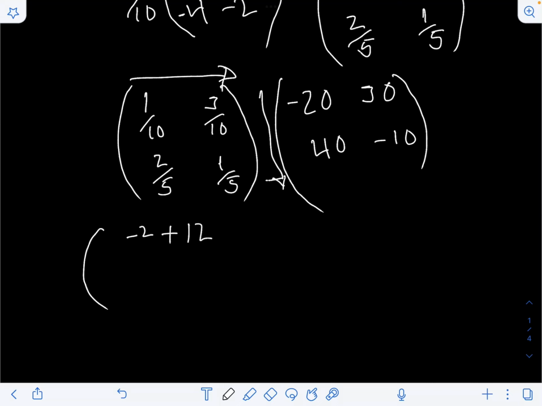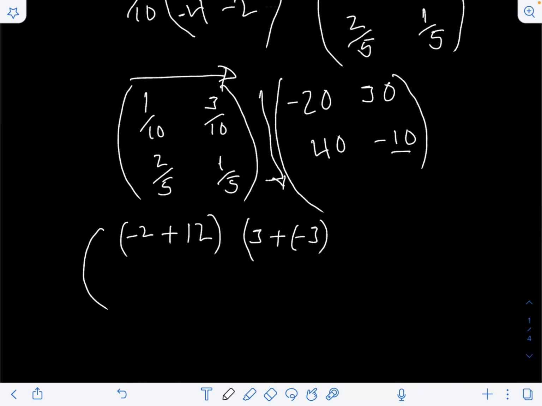Then the second part will be 1/10 times 30, which is 3, plus negative 3, because 3/10 times negative 10 will give us negative 3.